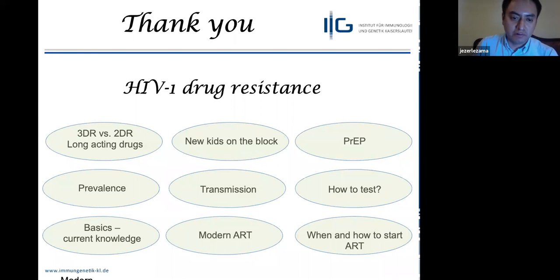I have another question, doctor. With multi-experienced patients in our country, we use the TRIO scheme. This kind of scheme is supported by the ANRS trial, where you can use raltegravir plus etravirine plus darunavir.